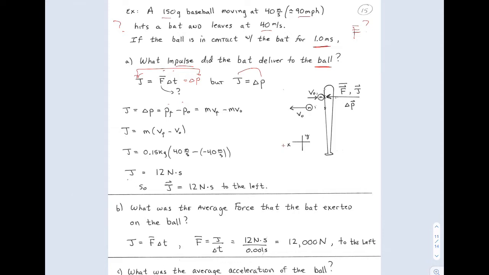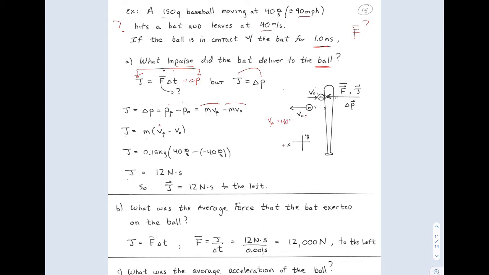So again, for this problem, here's my coordinate system. The change of momentum is P final minus P initial, so I factor out the m. My final velocity is 40, and I said it goes in and out with the same speed.